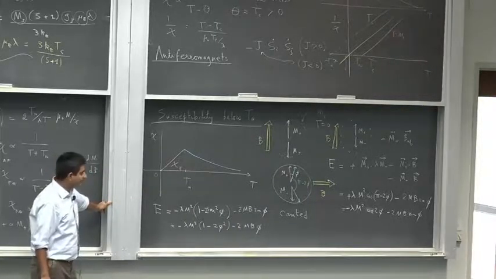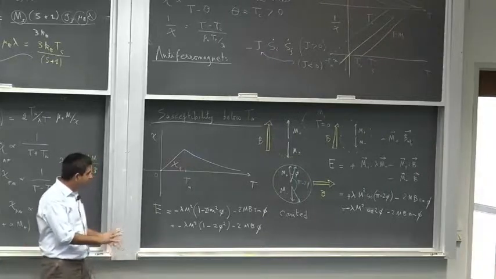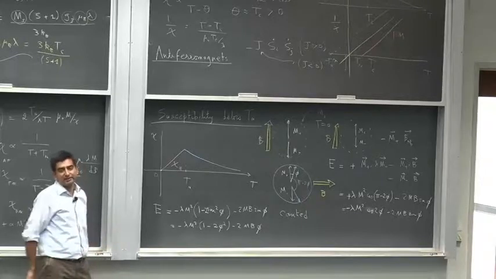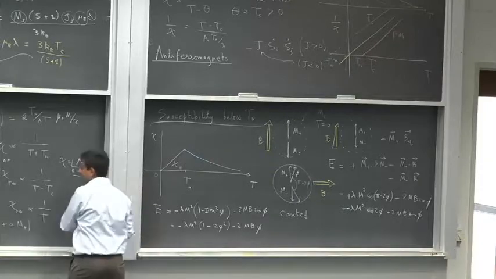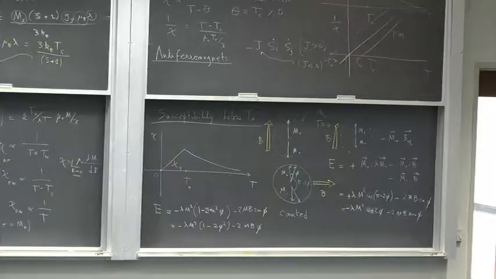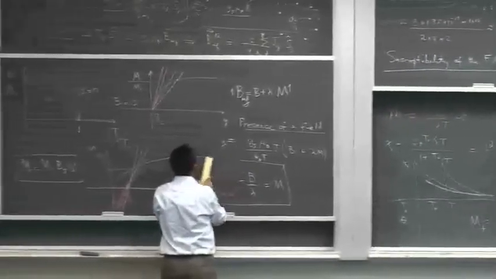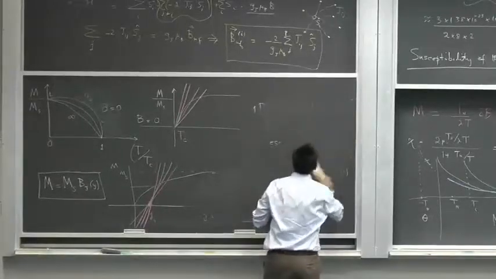This is the energy. Now when will the energy be minimized? If this system is to remain in a state of equilibrium, we can find out the angle which minimizes the energy. That angle is given by the derivative of the energy with respect to phi.